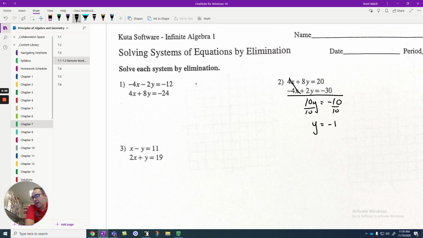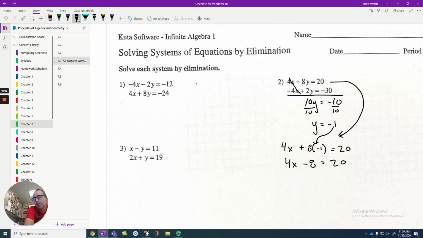But technically I'm not done. I found y, but I still don't have x. To find x, I'm going to have to take one of these original problems. Let's take the top. It says that 4 times x plus 8 times y, which we know now is -1, has to equal 20. Well, this would say 4x, a positive 8 times a -1 would be -8 equals 20.